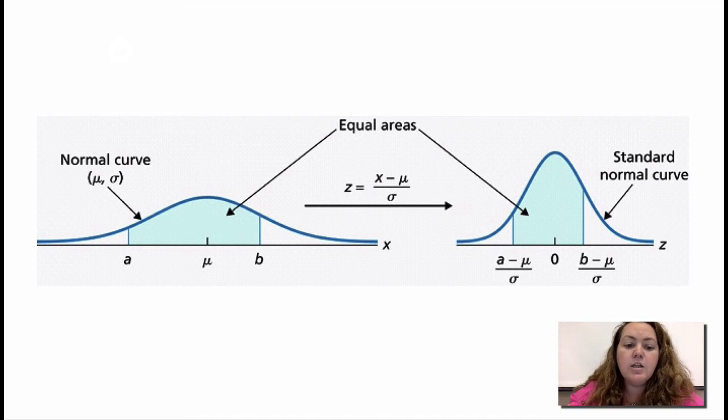The z-score is the individual x value minus the mean divided by the standard deviation. Okay, so these are equivalent graphs representing the same data, except one has been standardized to have a mean of 0 and a standard deviation of 1.